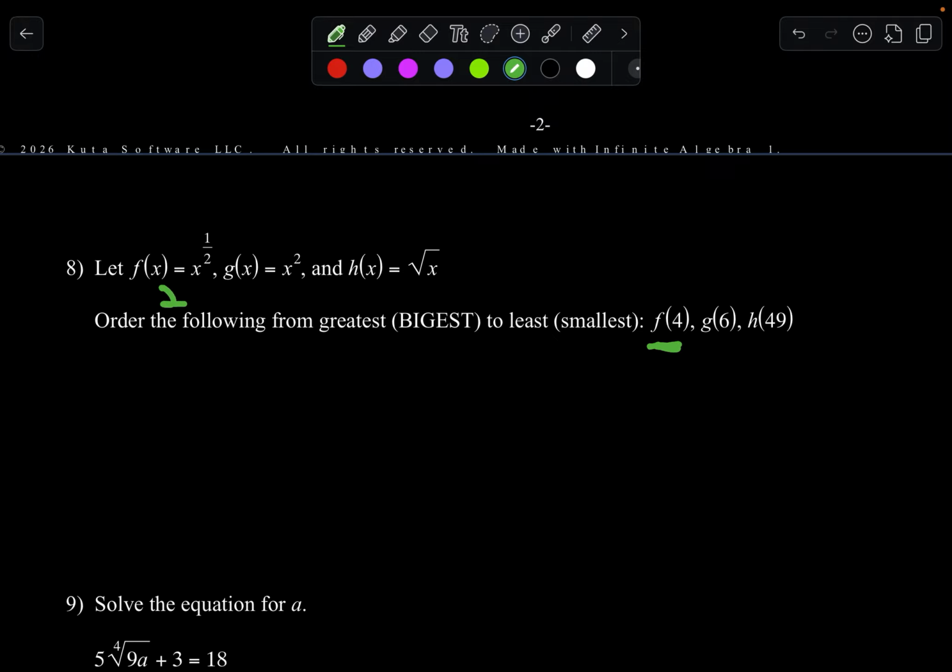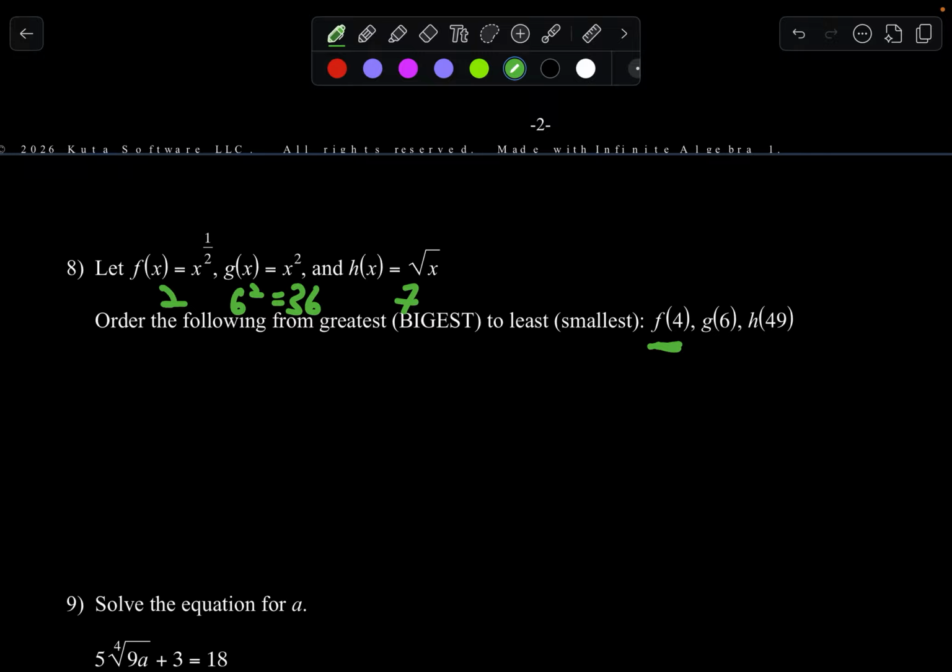So this one's 2. G of 6 means you put 6 in for x, and that becomes 6 squared, which is 36. And h of 49 just means they want you to evaluate the square root of 49, which happens to be 7. So you have basically 2, 36, or 7.